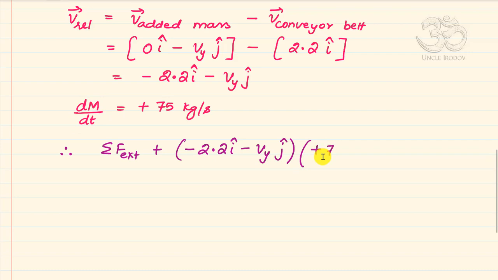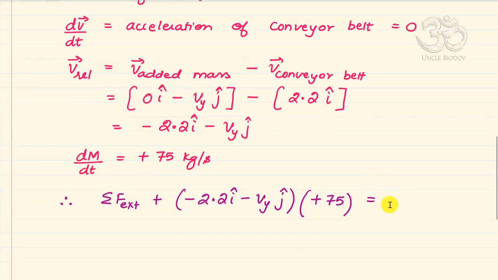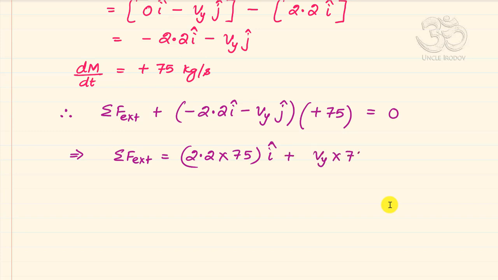And ideally on the right hand side I should have the instantaneous mass multiplied by dV by dt, but because that is 0, I don't even have to worry about this term, everything is 0, and I will get summation of F external is equal to 2.2 into 75 times i cap plus Vy into 75 times j cap.